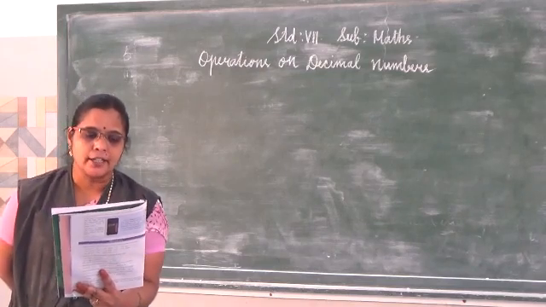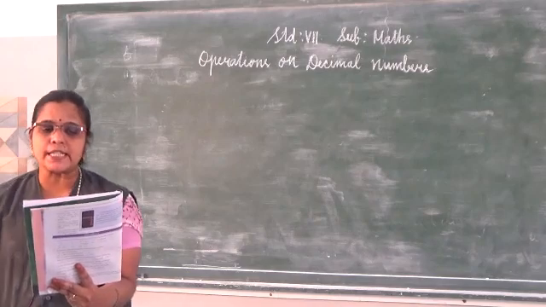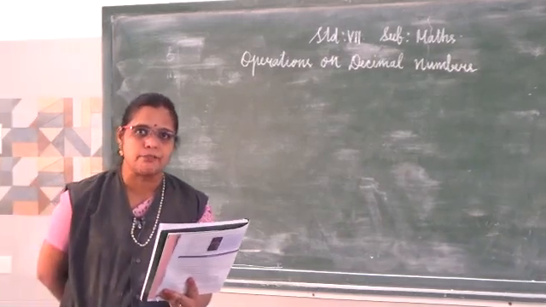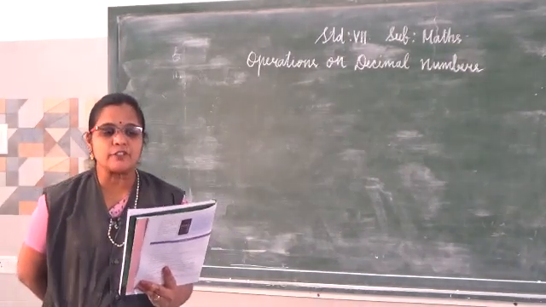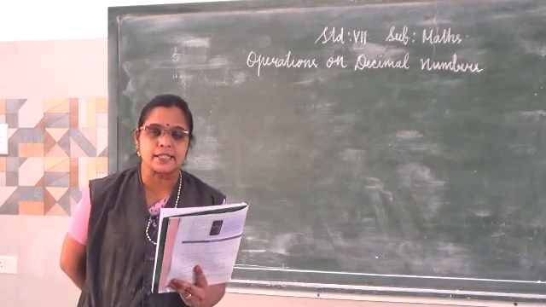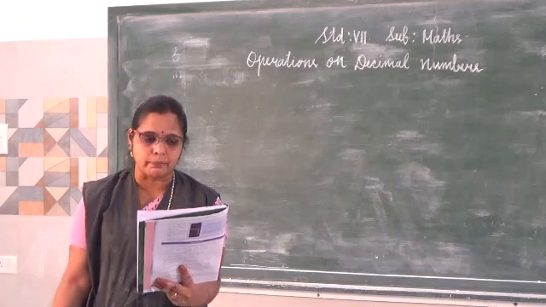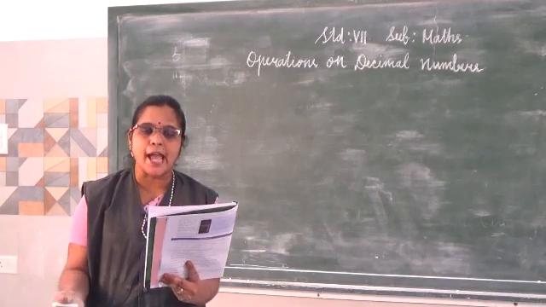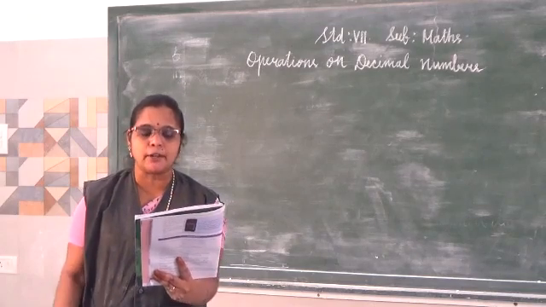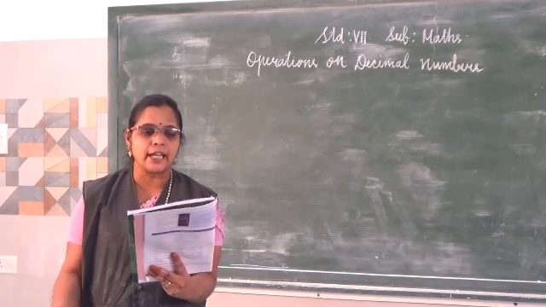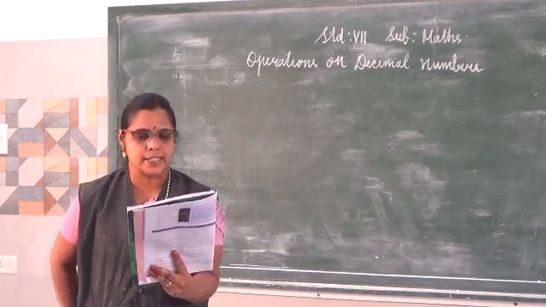Here the price of the notebook they have given us is 46.50. The price of the pencil box they have given us is 16 rupees 50 paise. To find the amount to be paid, we have to add the price of both the items, the book and the pencil box.